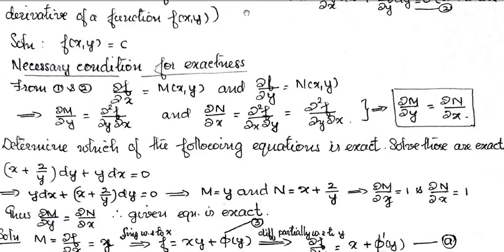From the two equations above, we found that ∂f/∂x is M(x,y) and ∂f/∂y is equal to N(x,y), which implies ∂M/∂y, that means we differentiate M with respect to y partially, we will get ∂²f/∂y∂x, and ∂N/∂x is equal to ∂²f/∂x∂y, which is equal to ∂²f/∂y∂x by the mixed derivative theorem.